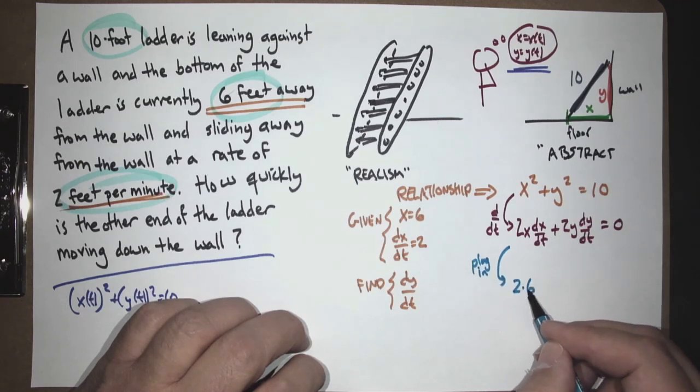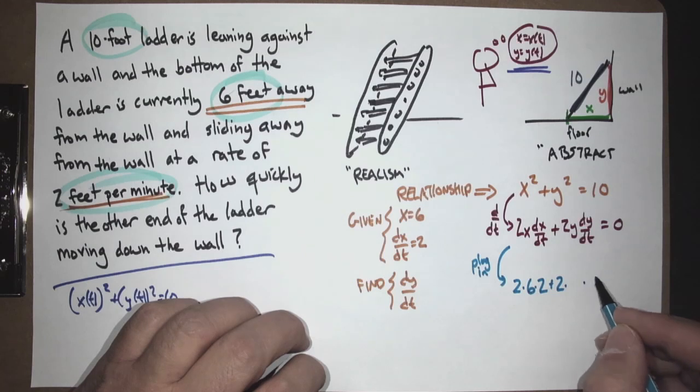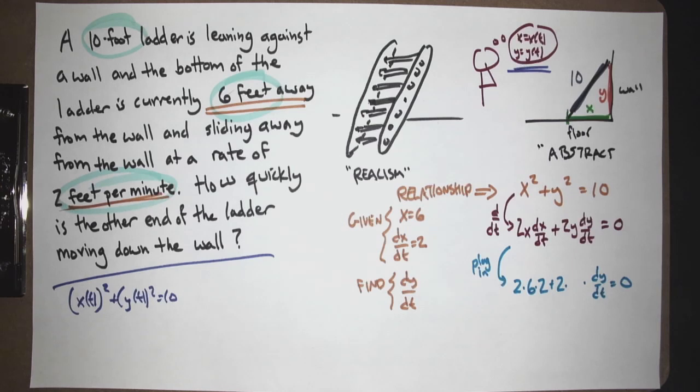2 times x times dx/dt plus 2 times something dy/dt equals 0. Now I left a gap here. Do we know y? It wasn't given explicitly in the setup, but do we know it?